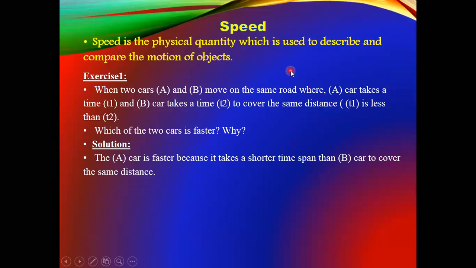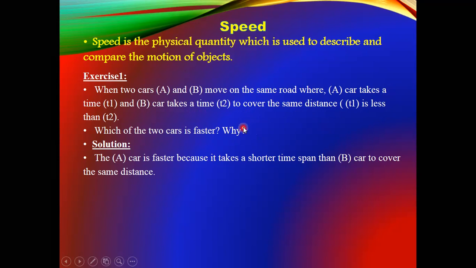Let's look at speed. What is speed? Why are we using speed first? It is a physical quantity used to describe the motion or compare the motion between objects. What does that mean? I might find this one moving fast and that one moving slowly, this one is faster than that one and that one is slower than this. So I say this is faster, this is slower, or this is fast, this is slow.